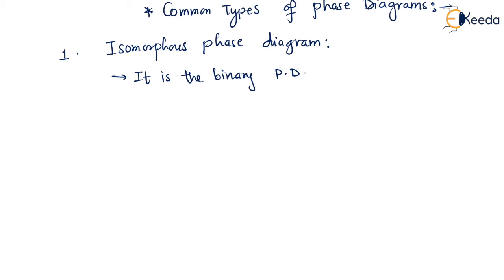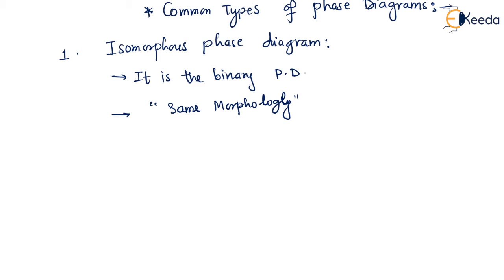And yes, students, when you talk about this isomorphous, what is meant by isomorphous? Isomorphous means the components with the same morphology. This is called the isomorphous.